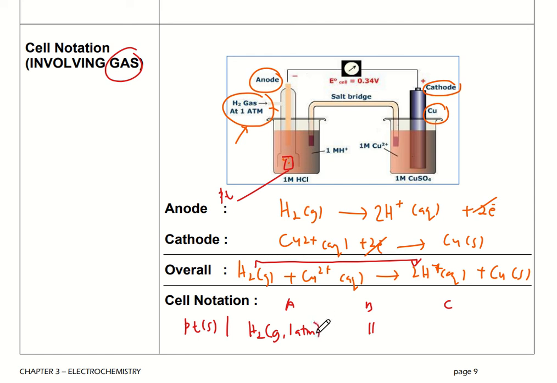Alright, then close the bracket. Then you put H2 becomes H plus, so we draw one more line. H plus is aqueous, and the standard is 1 molar. You have to put its concentration, but if it is not given, you assume here it is 1 molar. Okay, the bridge is done, and we go to copper 2 positive aqueous, becomes copper solid.